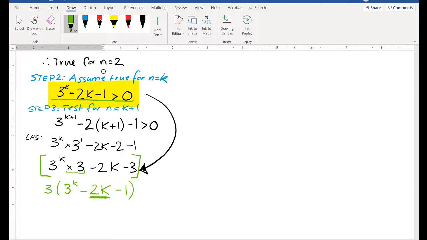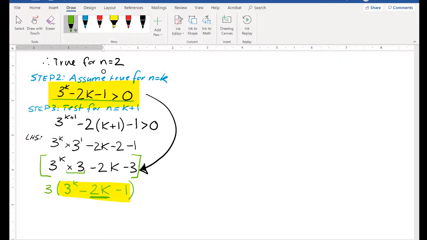However, look at the big picture: I got my value of what I wanted in the brackets. But I know that expanding that, I'm not going to get it. Expanding this, 3 times 3 to the k gives me this part here. 3 times negative 2k would give me negative 6k. Then 3 times negative 1 is going to give me negative 3.